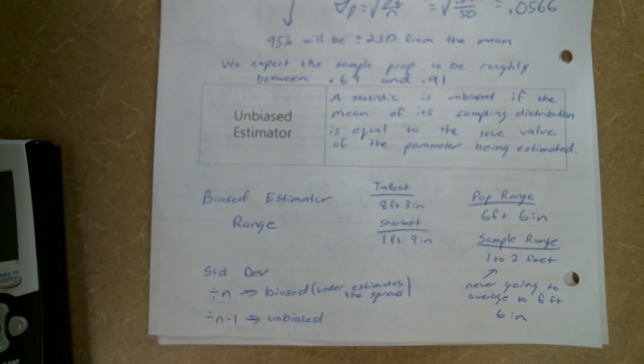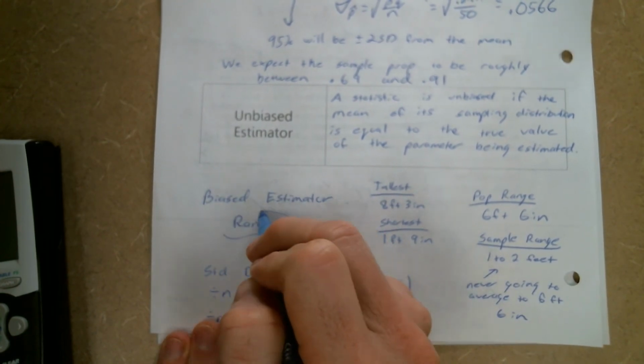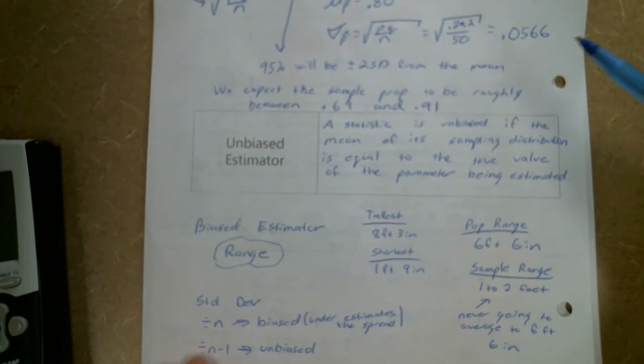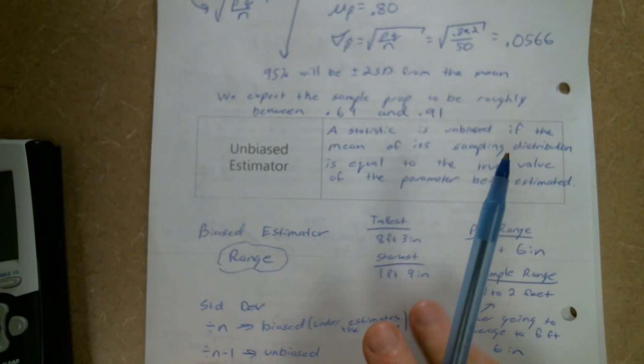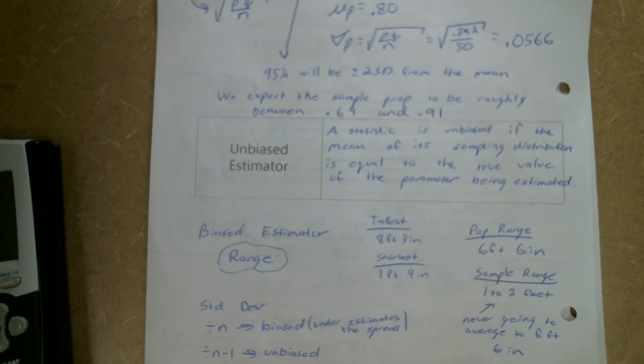So we're always trying to use unbiased estimators, because if you have a biased estimator, like range, we can't use a lot of this stuff that we just talked about, because on average, it's going to give you an incorrect value.